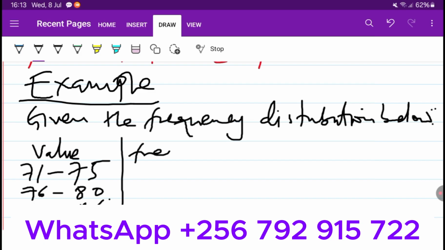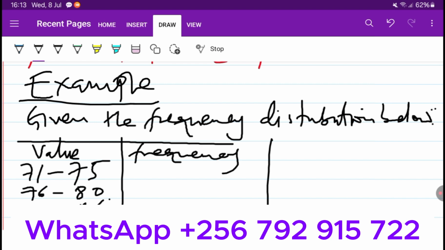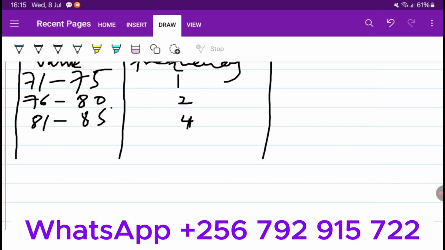And of course, we also have the frequency here. This is 1, 2, 4. So this we have 86 to 90.